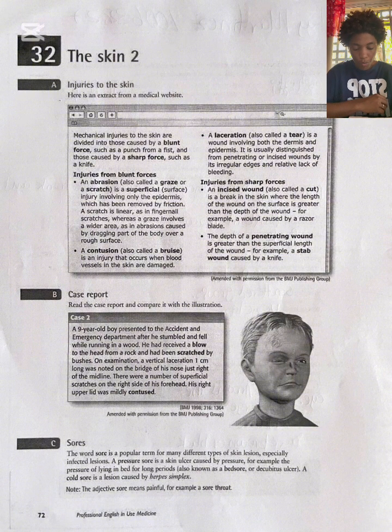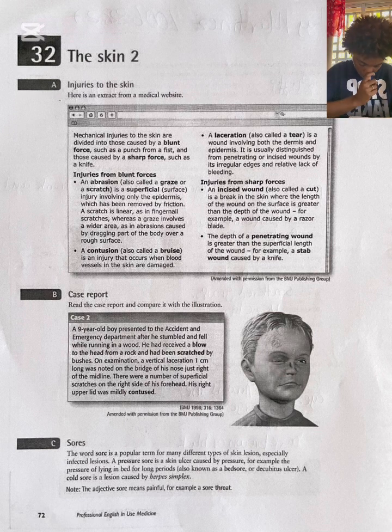Case report. Read the case report and compare it with the illustration. A 9-year-old boy presented to the accident and emergency department after he stumbled and fell while running in a wood. He had received a blow to the head from a rock and had been scratched by bushes.